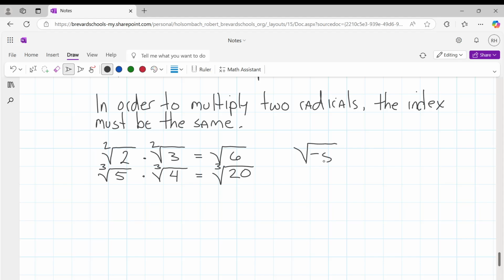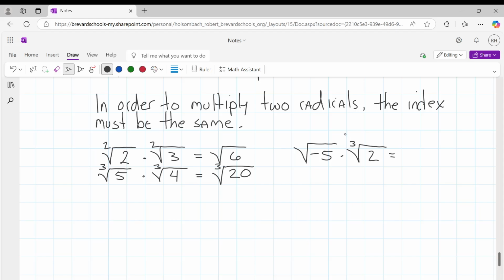Square root of negative 5 times third root of 2. All right, cannot be multiplied. Cannot multiply the square root of something times the third root of something.